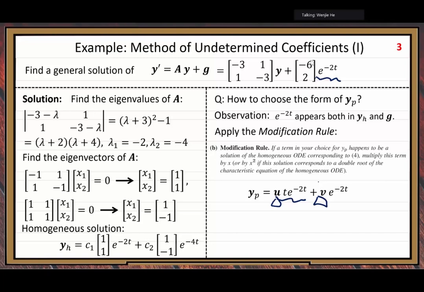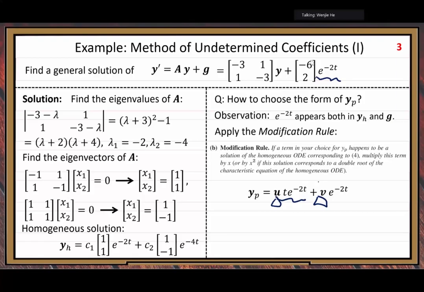So we need to plug in. But the u vector, v vector are unknown. So we have some freedom to choose appropriate u vector, v vector. So that's the method of undetermined coefficients.